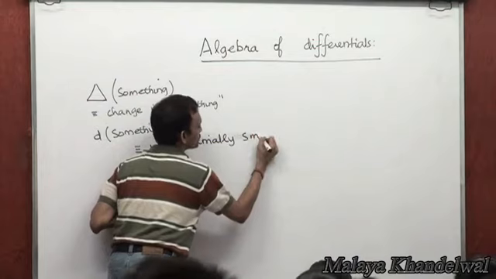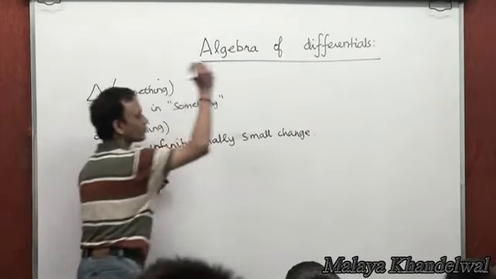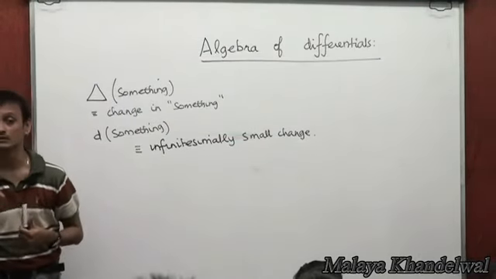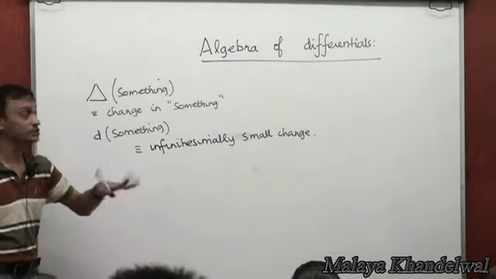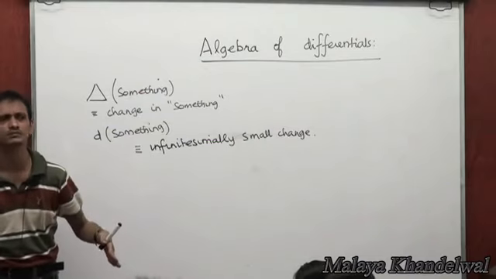That's d. In contrast to delta, which is a finite change, d of something is a very, very small change, as small as one can imagine.